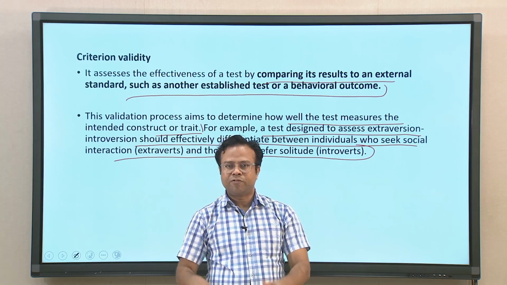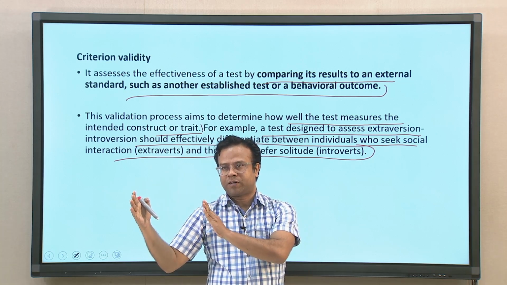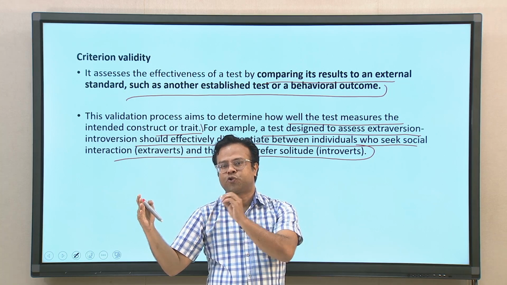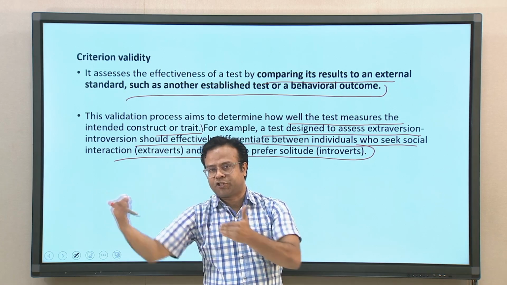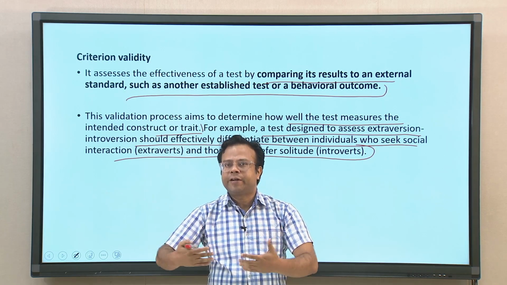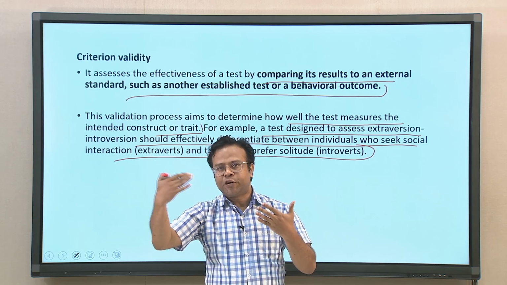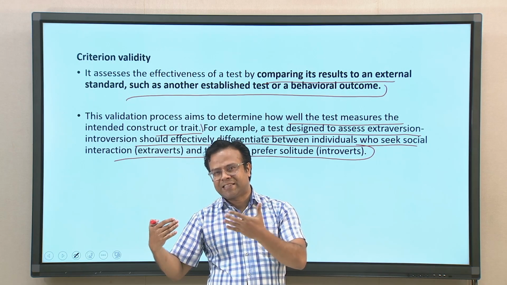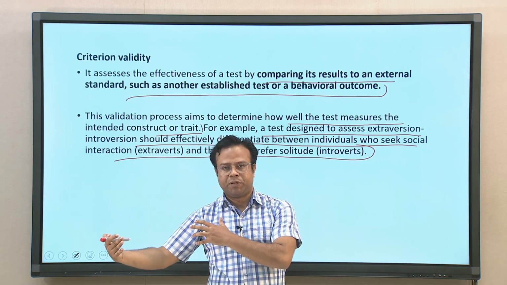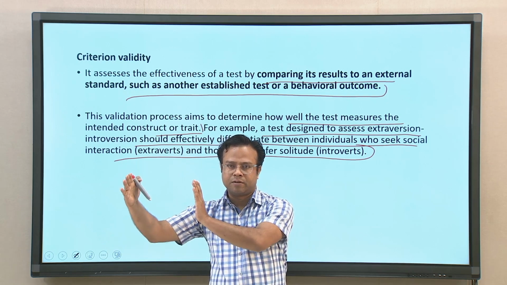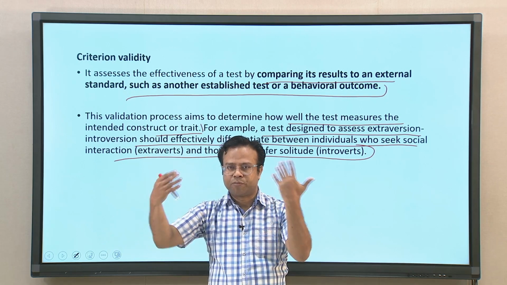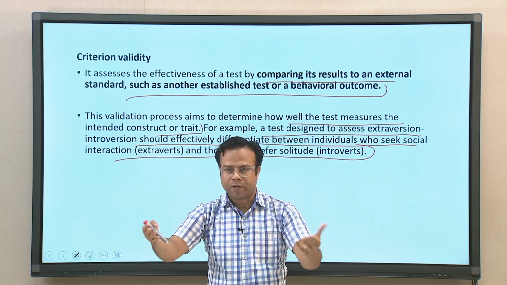One of the criteria of introvert and extrovert is that extrovert people seek more social interactions and love interacting with people more, and introvert people, on the other hand, are less likely to interact with people. So, this is a criterion that comes from the theories and understanding of people.